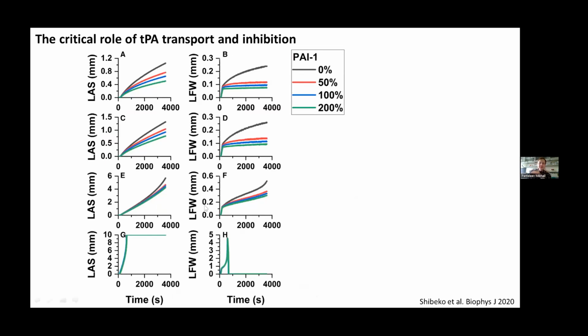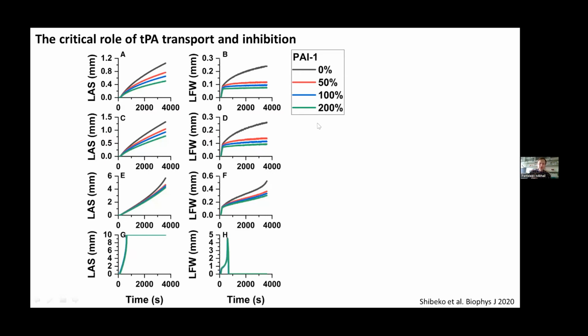And the explanation for this was, this is the lysis clot size, and this is the width of the fibrin front as a function of time. And you can see great effects of PAI-1 at concentrations much below those used for treatment. And the explanation was very simple.